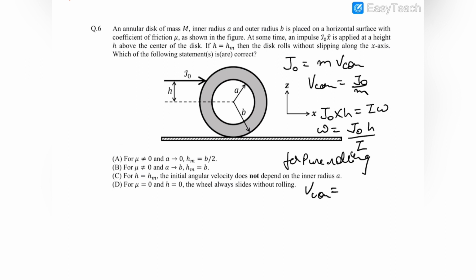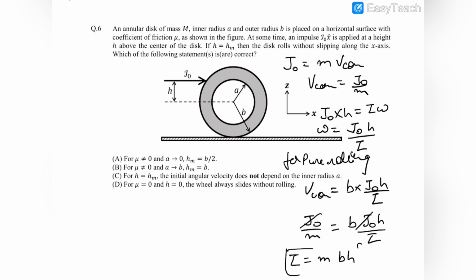Because the contact point should remain at rest, b into omega is b J naught h by I, and v com is J naught by m. So I should be equal to m b h. Now let us see what I is.